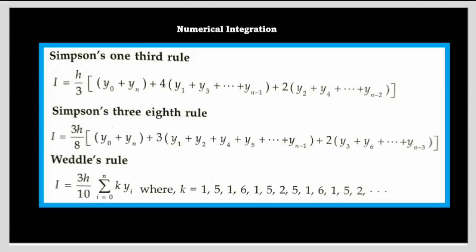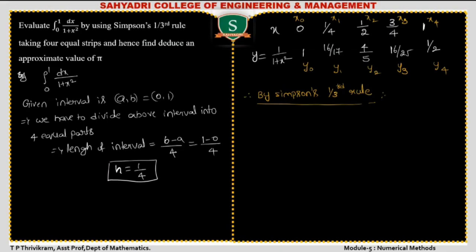Okay, so here y is equal to h by 3 into y0 plus yn. So y0 plus y4.